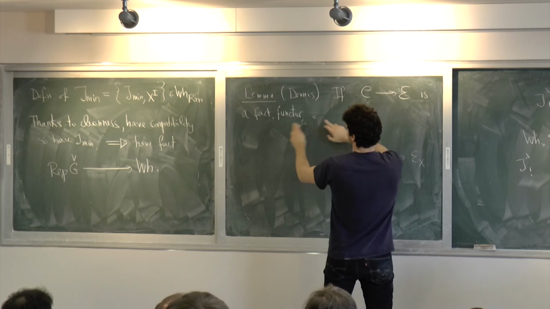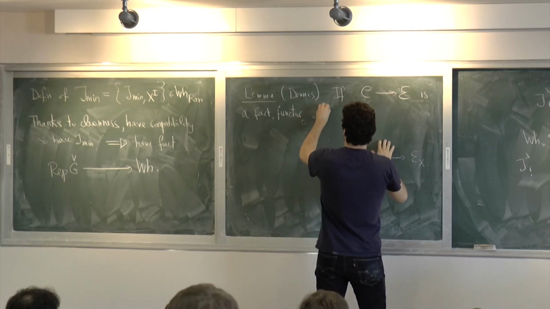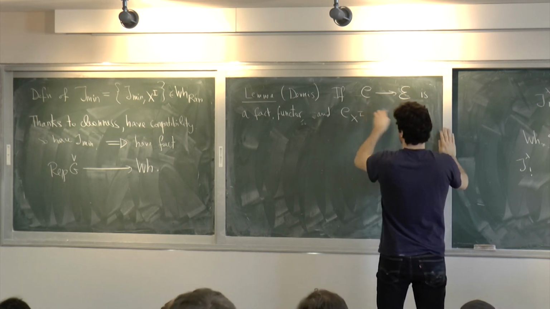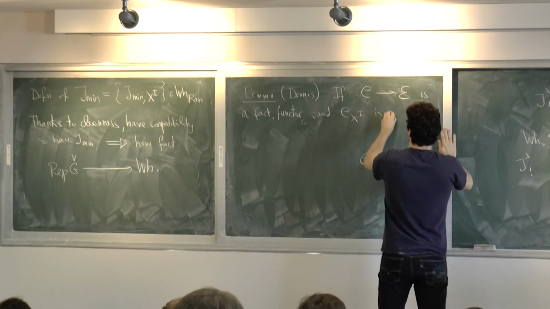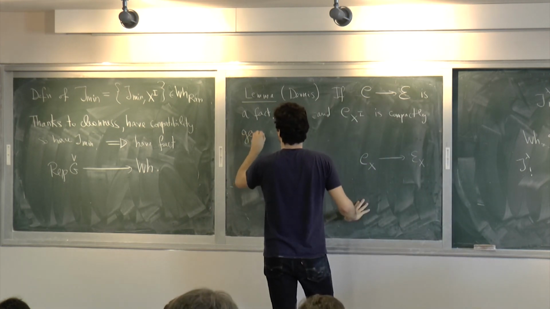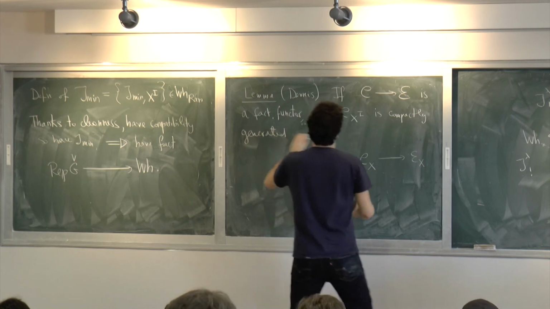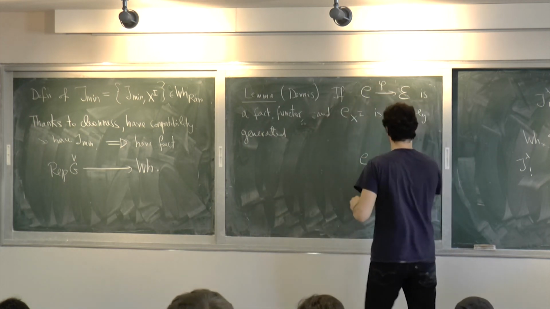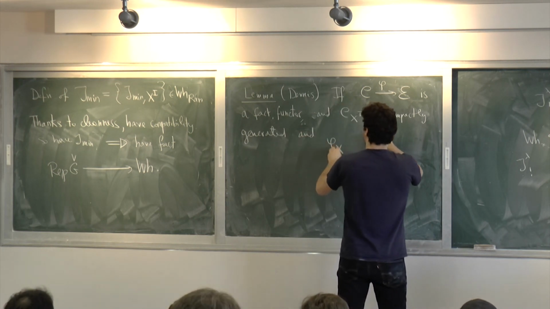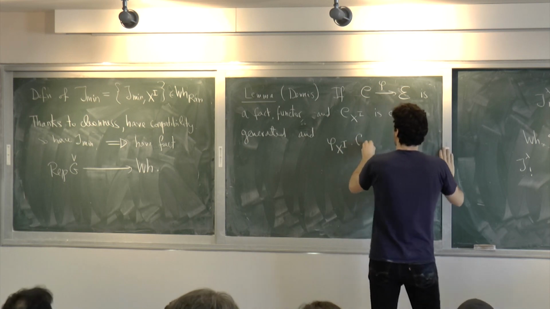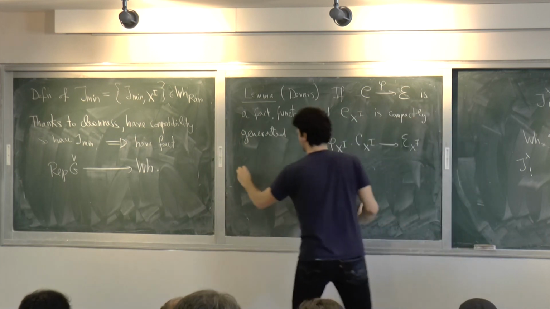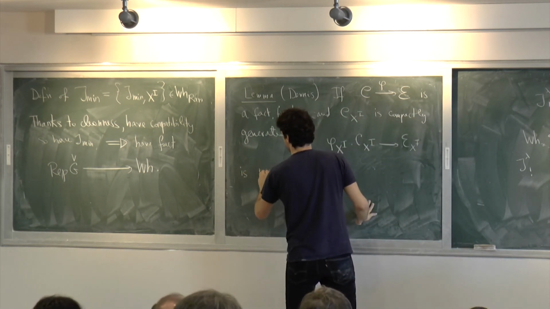So if I have a functor between factorizable categories, and for each power of the curve the source category is compactly generated, let me write this functor phi, from C of xi to E of xi, is proper.